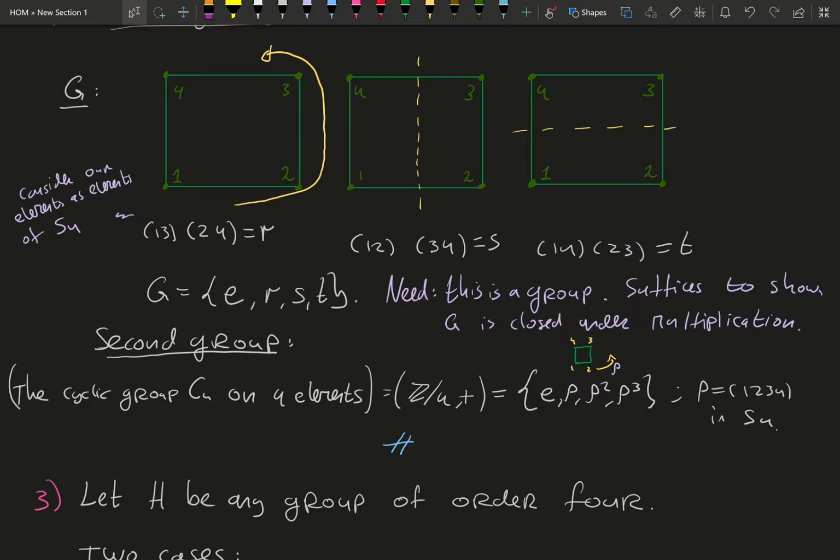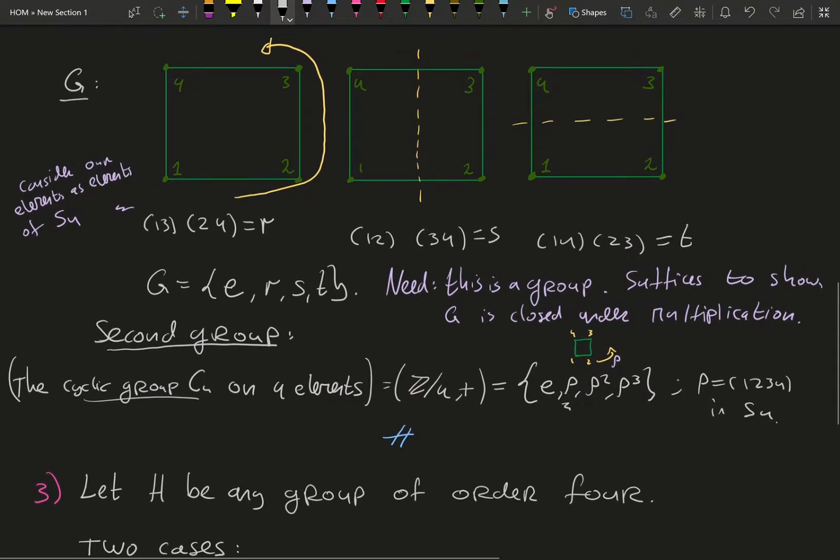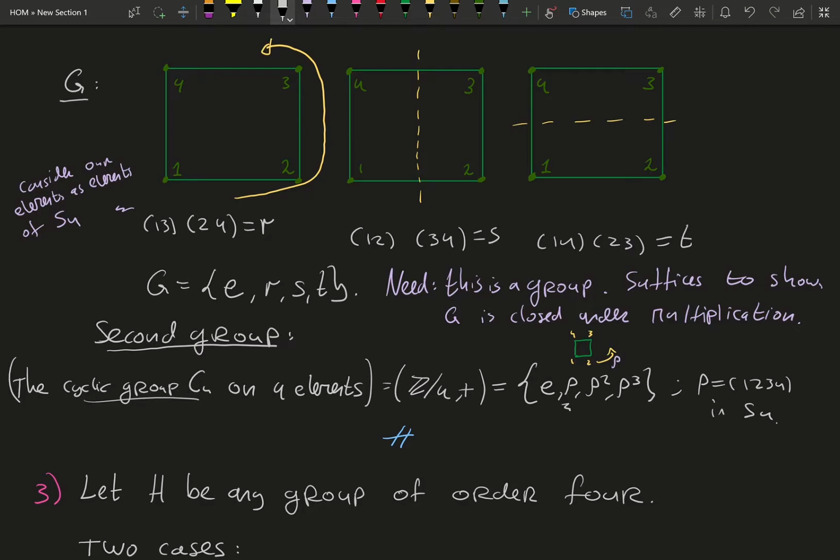From here on we're going to just call it the cyclic group of 4 elements, and we're going to take rho as our generating element of C4. In other words, every element in C4 is a power of rho, like here.